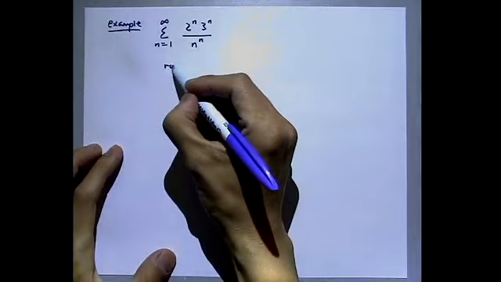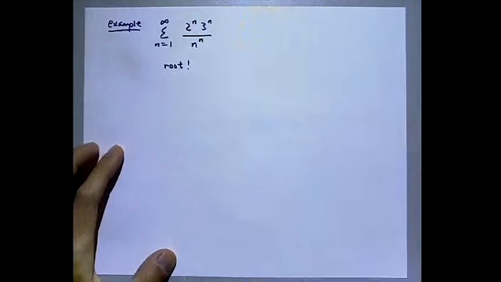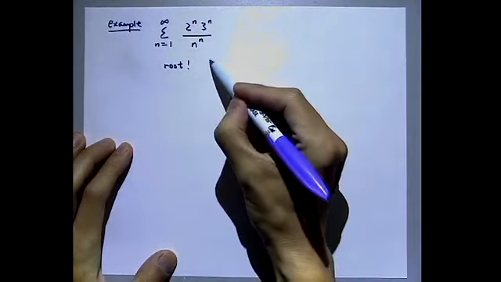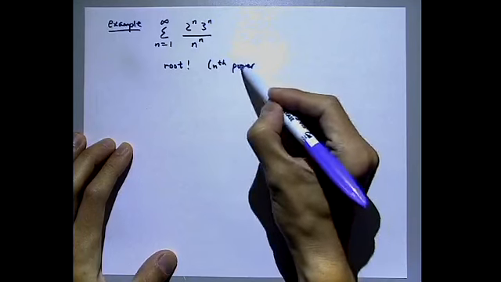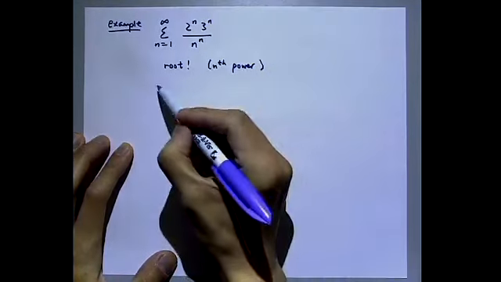Okay, so we got this thing here, 2 to the n, 3 to the n, n to the n. What do you think? Yeah, this seems pretty obvious, right? Root. It doesn't mean that other tests aren't appropriate. It just means this is the most appropriate one. So we make that decision because we got nth power all over the place.